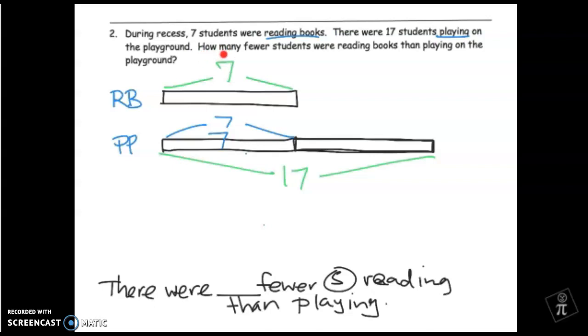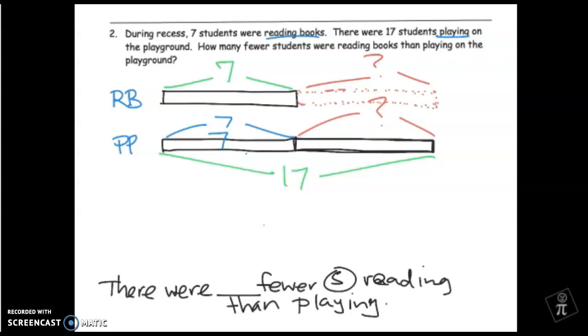Now the question is, how many fewer students were reading books than playing on the playground? So the question is, what is this piece right here? Because we could think of it in terms of the students reading books, and we could say, well, they have this missing piece right here. And so the question is, what's that question mark?